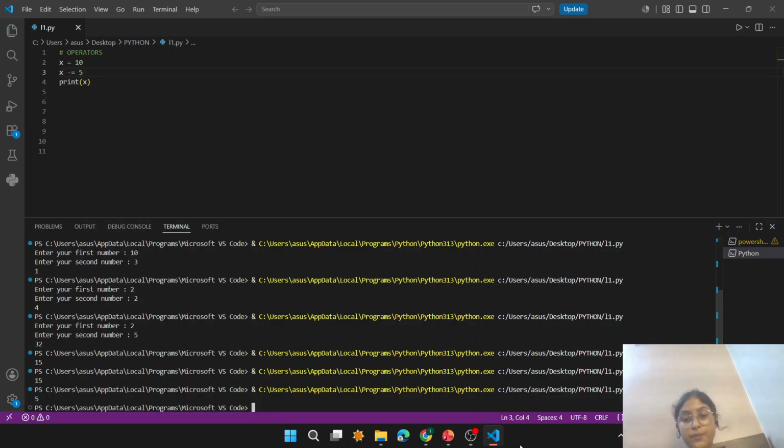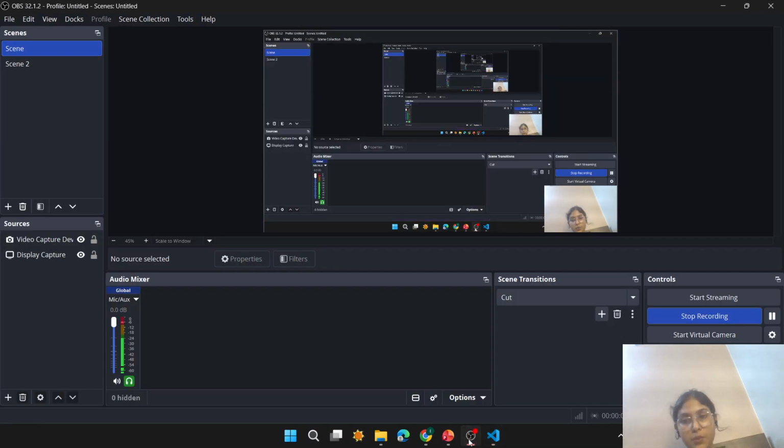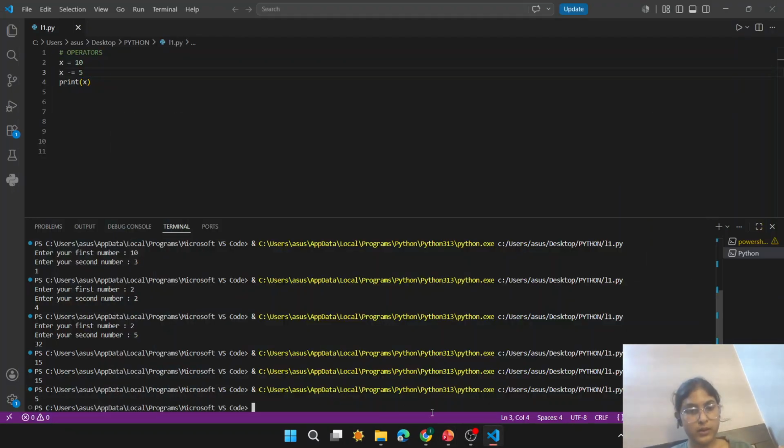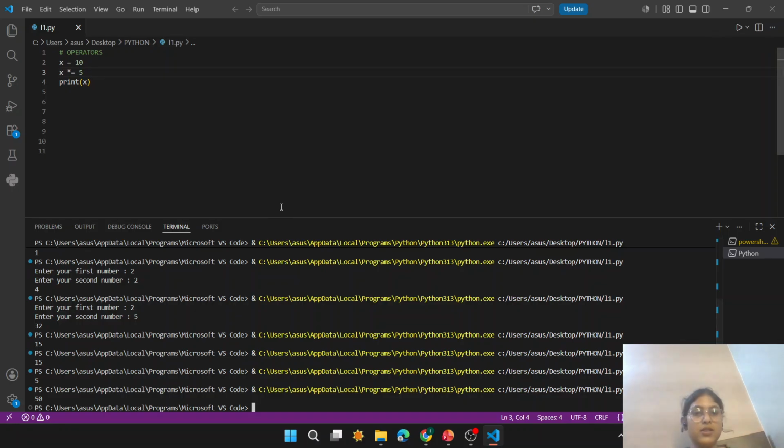This is how it works. Okay. You can even change this to this. Now it will multiply. Simple. So this will just multiply whatever you add in that. You can even use division too.